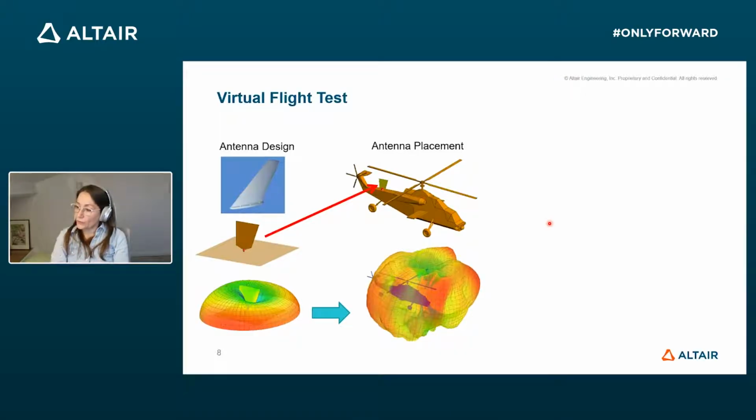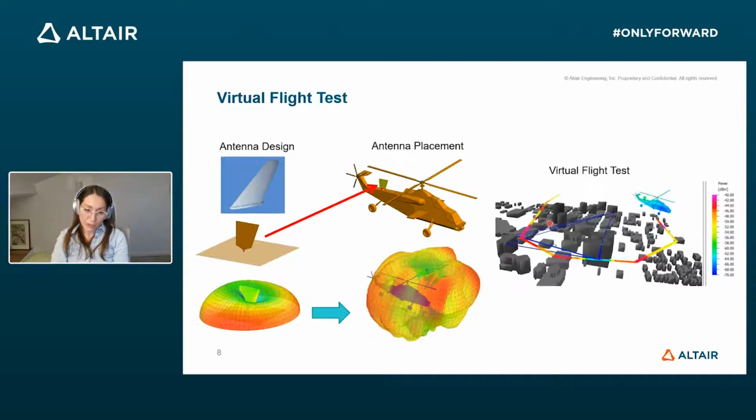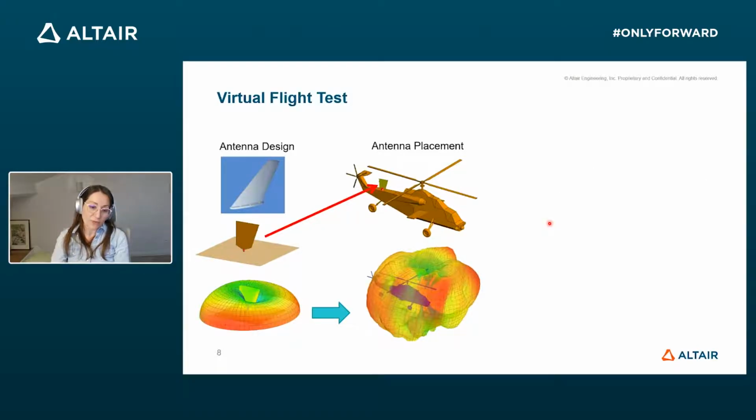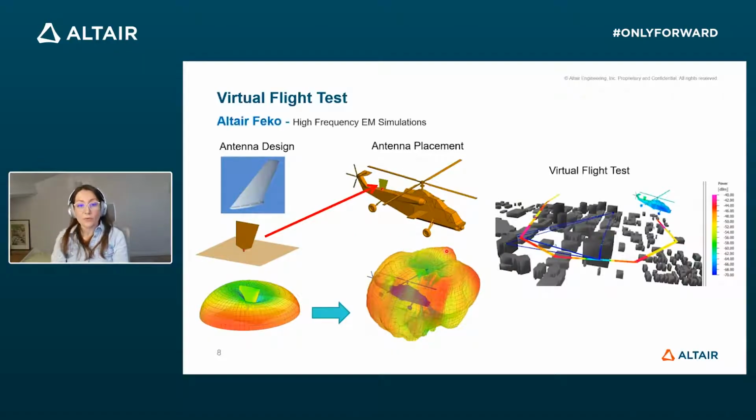So after we obtain these simulation results, we can clearly see the effect of the placement on the antenna pattern. We are able to perform some virtual flight tests, for example, here within Windprop.